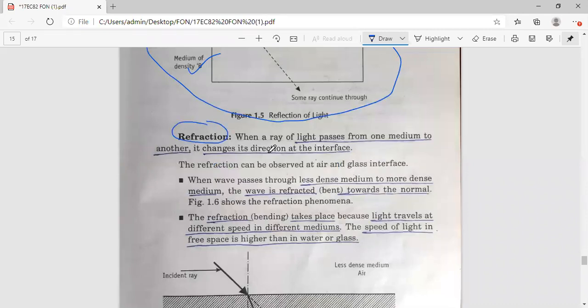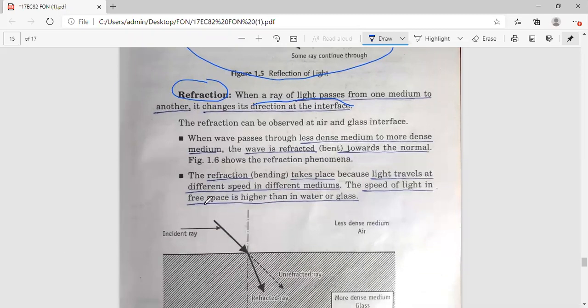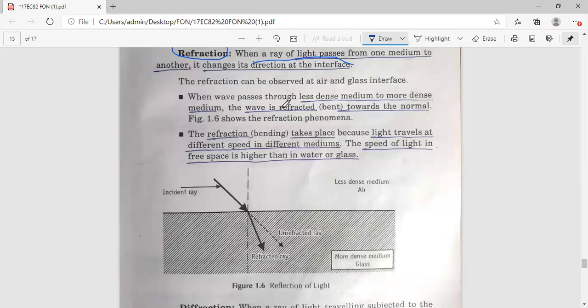Now, what is refraction? Whenever a ray of light passes from one medium to another medium, again the two media have different densities. So what will happen in case of refraction? There are two conditions here. If it is moving from a less dense medium to a more dense medium, then the wave is refracted, that is bent towards the normal.